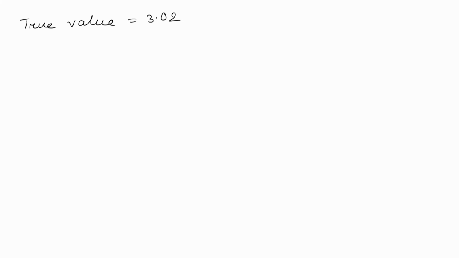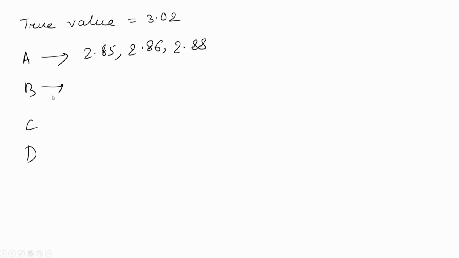Now, let's say there are 4 students A, B, C, D. A has taken these measurements 2.85, 2.86, 2.88. B has taken these measurements 3.00, 3.01, 3.03.